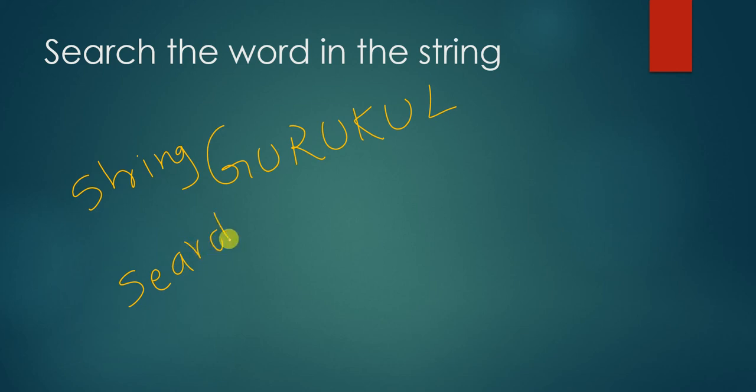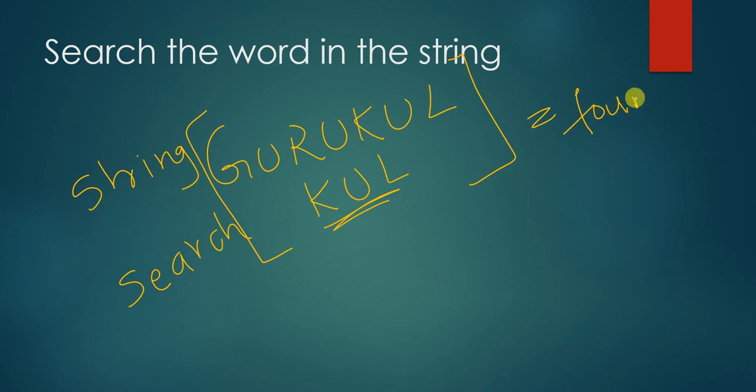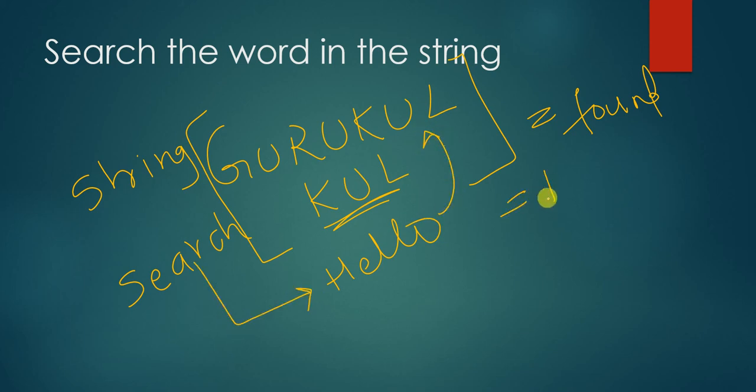I have called it the search string, and I want to search KUL. It is a substring. Is KUL present or not? Yes, it is present. That is why it should give found. And if I search for hello, is hello present in Gurukul? No, so it should give not found. This is the requirement.